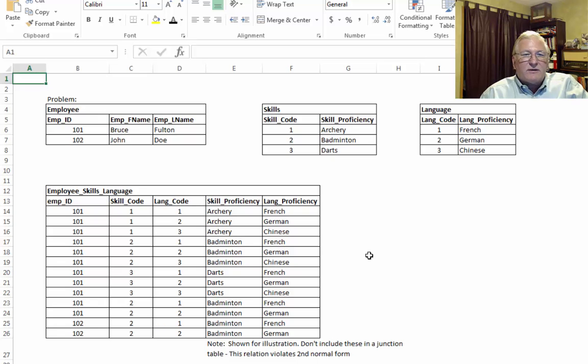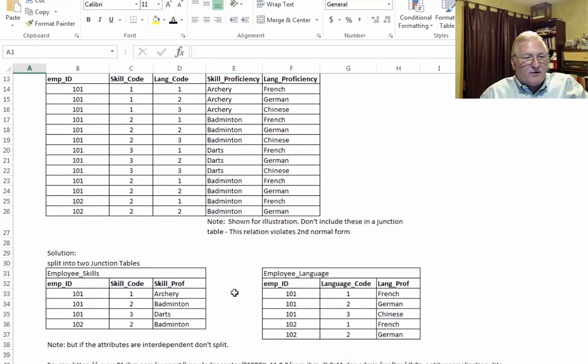So clearly the solution here that gets us out of a fourth normal form violation is just to set up multiple junction tables, because we have at least two many-to-many relations going on here. We have employee ID with skill code and employee ID with language code.